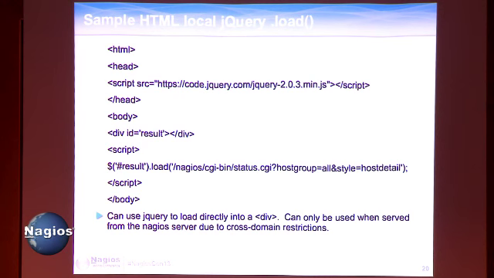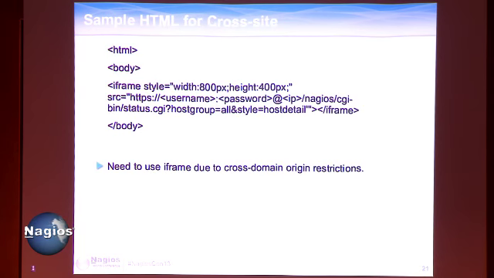These things are very useful if you're going to be integrating custom front-end dashboards. This is just a really, really quick example of how you would do that. This example can only be used when you're working off the Nagios server and you're building a web page for the Nagios server. There are cross-domain restrictions for doing certain AJAX calls. So this example can only be used on the local Nagios server.